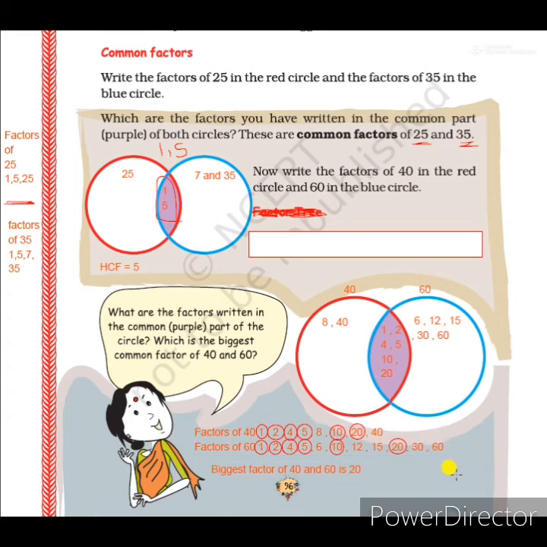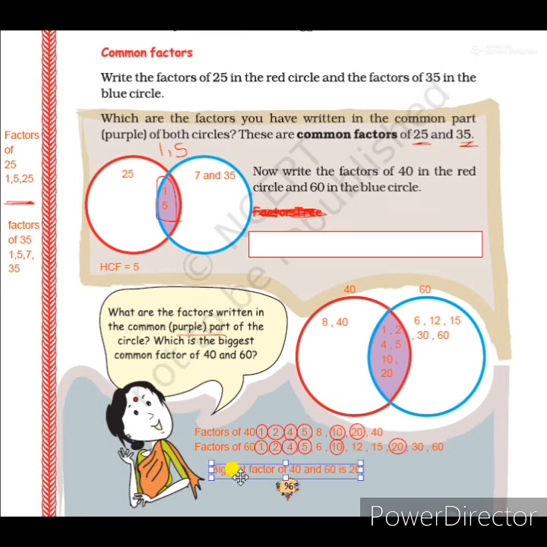Now here we are asked what factors are written in the common purple part of the circles. We have to write the common factors, so we have to find the common factors. Which are the common factors of 40 and 60? 1, 2, 4, 5, 10 and 20. These are the common factors of 40 and 60.